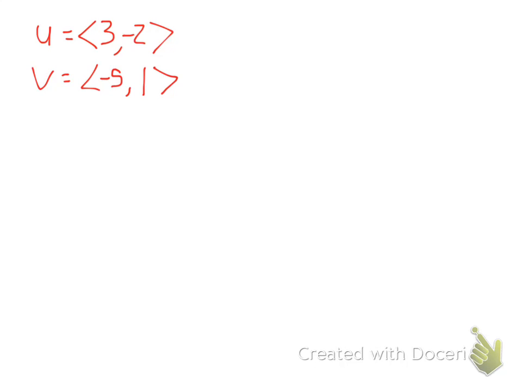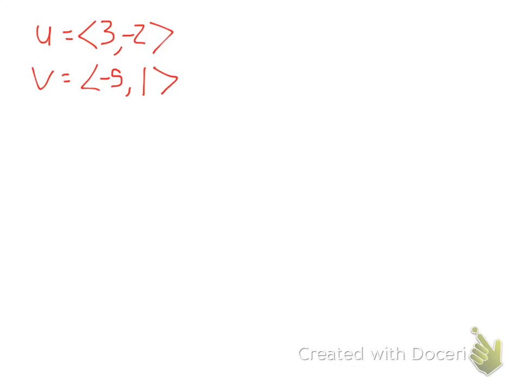So our first example, I want you to take vectors u and v, and I want to find the dot product. And once you have the dot product, I want you to tell me, are these orthogonal to each other or not? So I'll give you guys some time for that.